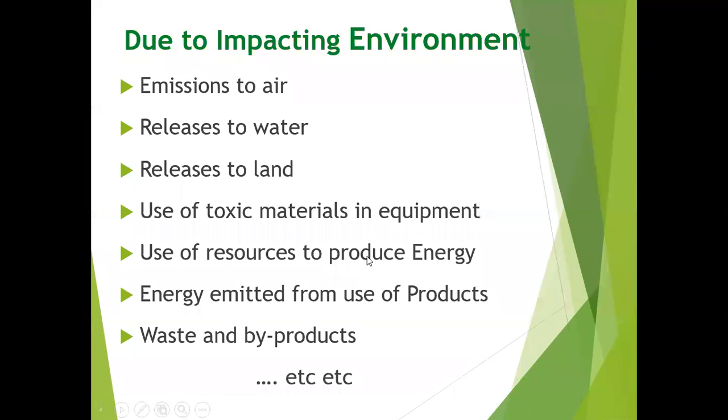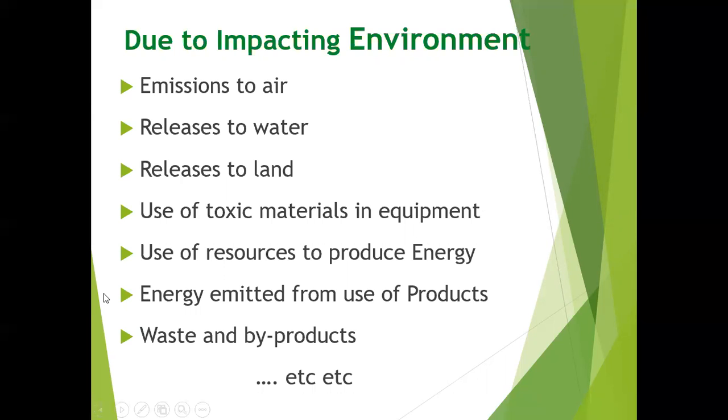Due to the impact on the environment, what can we do to minimize the damage that is done? We can manage the emissions to air, releases to water, releases to land, use of toxic materials in equipment, use of resources to produce energy, emissions from the use of products, and the waste byproducts.